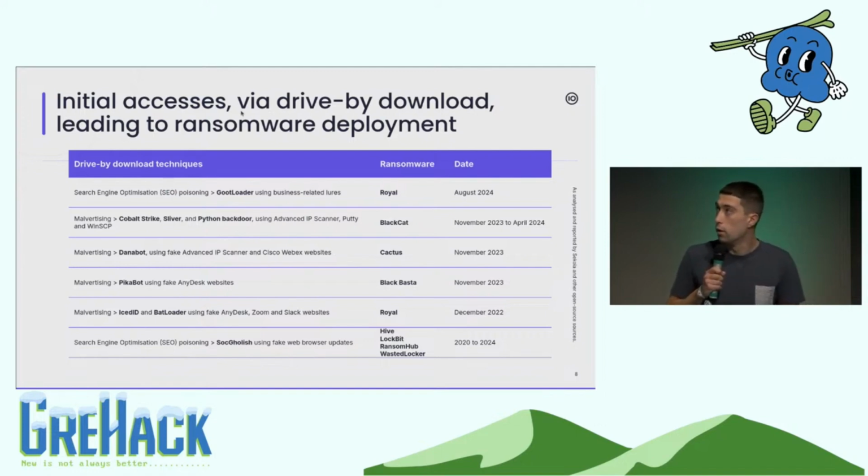The notorious gangs that you may know, like LockBit, RansomHub, BlackCat, Black Basta, Royal, and so on, use drive-by download attacks to gain a foothold into interesting corporate networks. And they use for that some malvertising and SEO poisoning to spread their own payload. So either C2 frameworks, botnets, loaders, and so on.